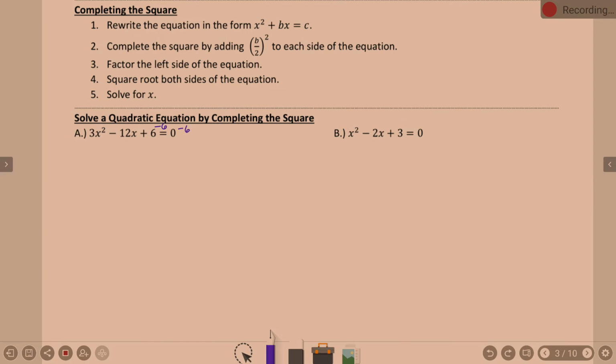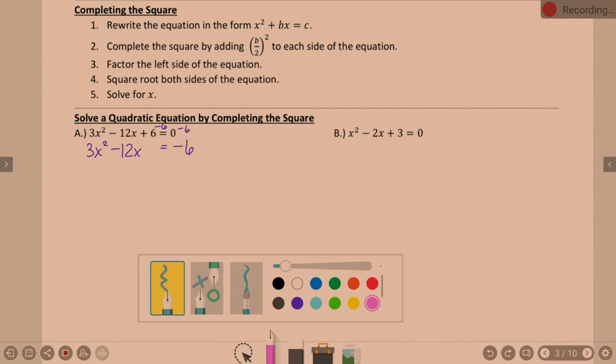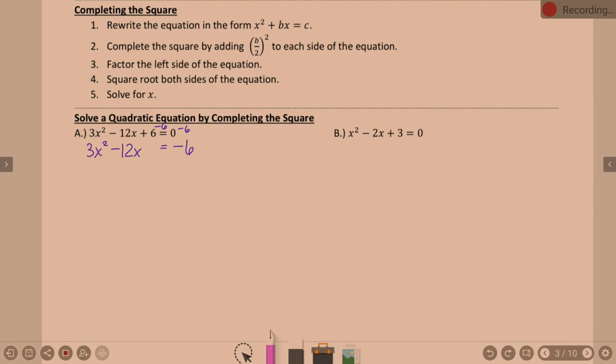So then at that point, I have 3x squared minus 12x equals negative 6. I didn't know if anyone could catch it or not. Notice, two things. First of all, if you see that everything divides by 3, will that make life better?